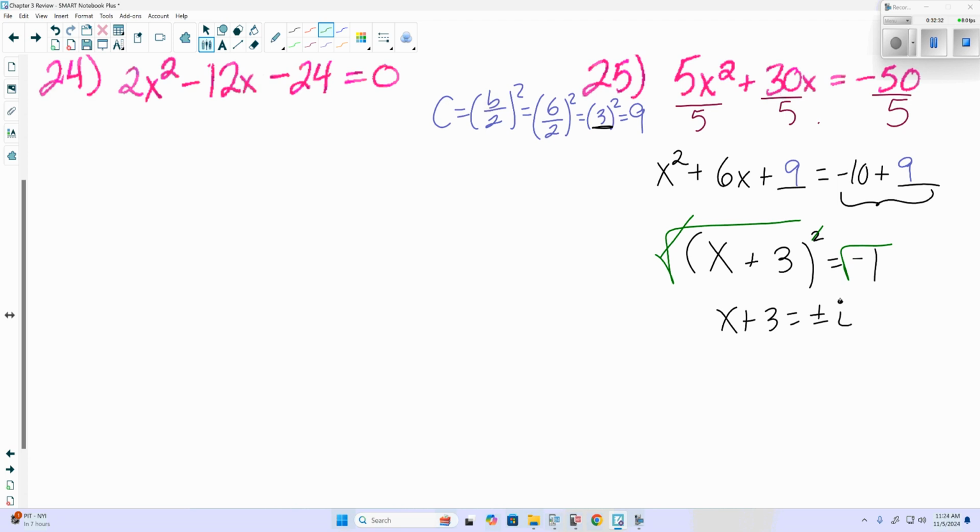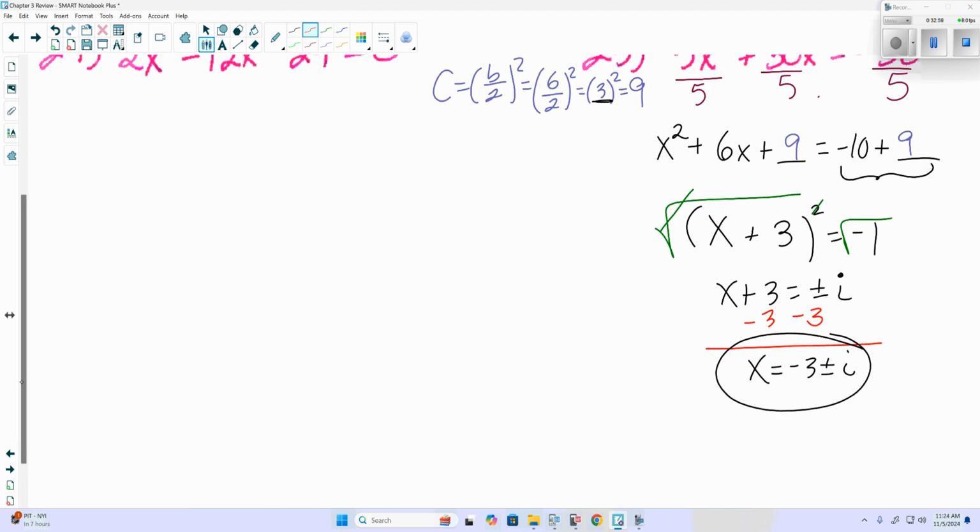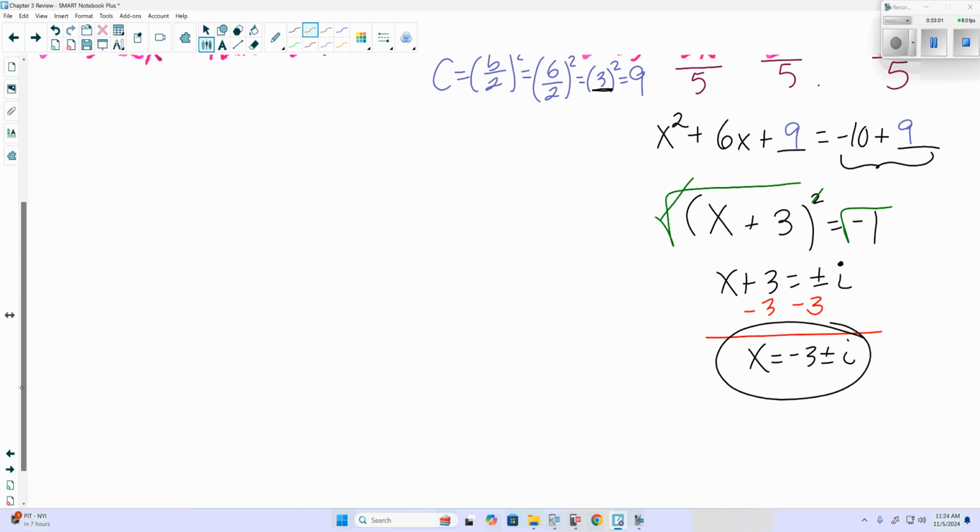If what's inside is negative, we pull the negative out as i, and then simplify the square root, which works out to be i. And last but not least, we need to subtract 3 from both sides, telling us x is equal to negative 3 plus or minus i. Now, since negative 3 and i are not like terms, that is as simplified as it gets.